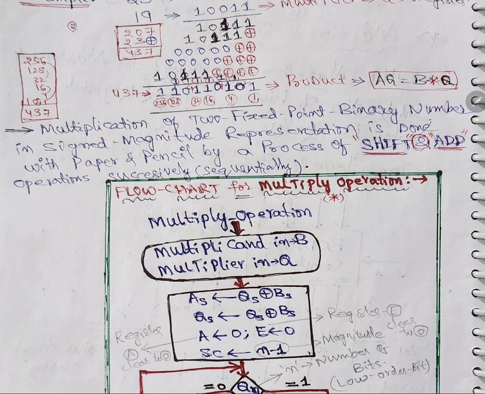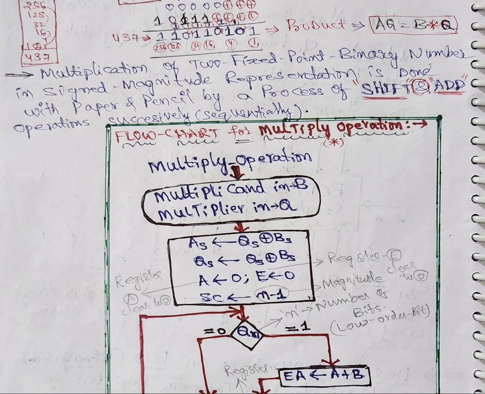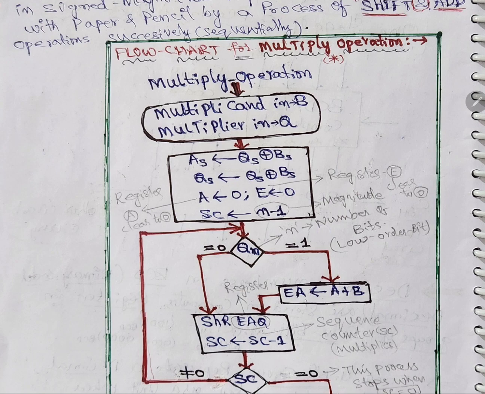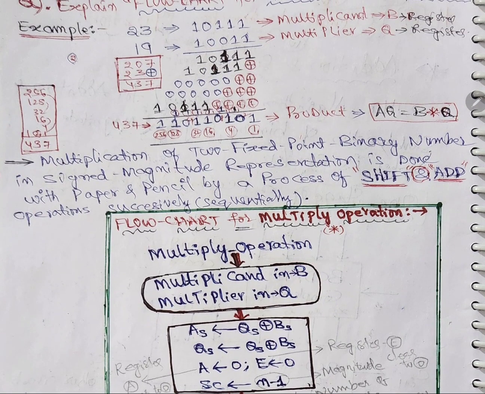Actually we take operand values from memory into the B and Q registers and do the operation. So here Q suffix n, the lower order bit, is equal to 1. Lower order bit means this one. If it is 1, this should be added. That's what it is telling.